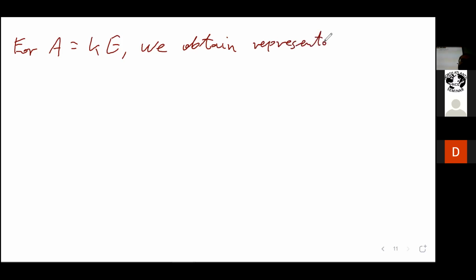I'm now taking A being the path algebra of a graph E. We obtain representations of A from representations of E.